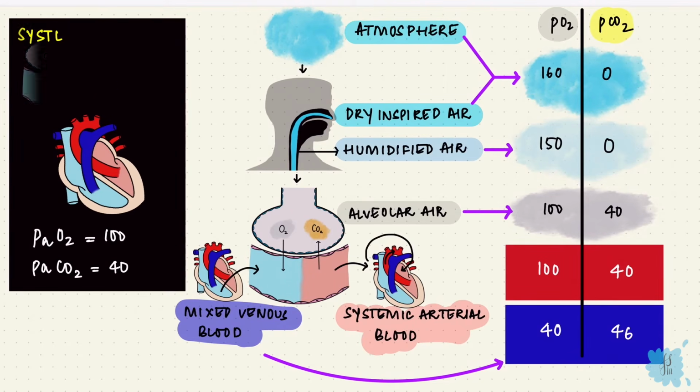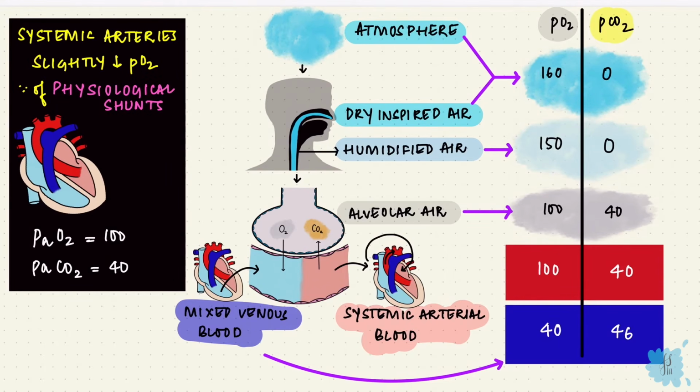But systemic arterial blood has a slightly lower partial pressure of oxygen, and this is because of physiological shunts. For example, some bronchial venous blood directly drains into the pulmonary vein and reaches the left atrium, so it skipped the right heart, the pulmonary artery, the lungs, and oxygenation, and so it lowered the partial pressure of oxygen in systemic arterial blood.